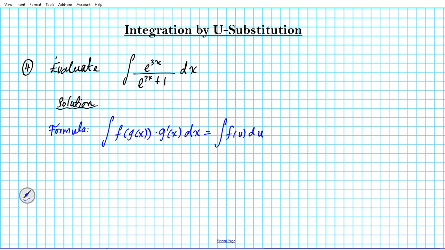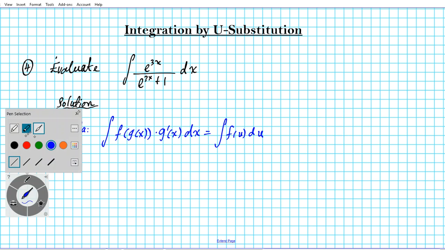Just think about it as the reversal of the chain rule for differentiation. Okay, so the power of the u substitution is that it enables you to rewrite complicated problems in a format that's very easy to integrate.